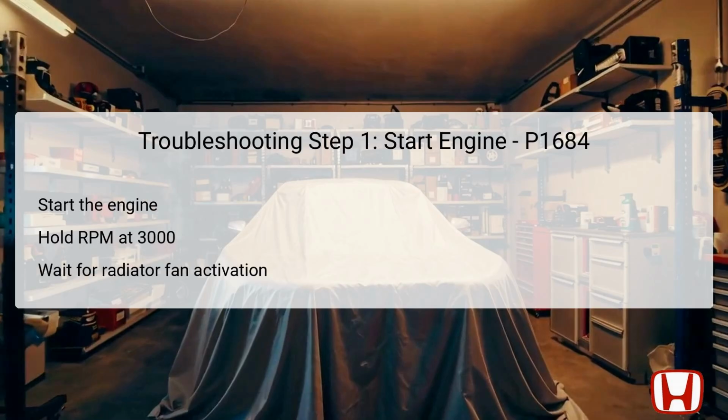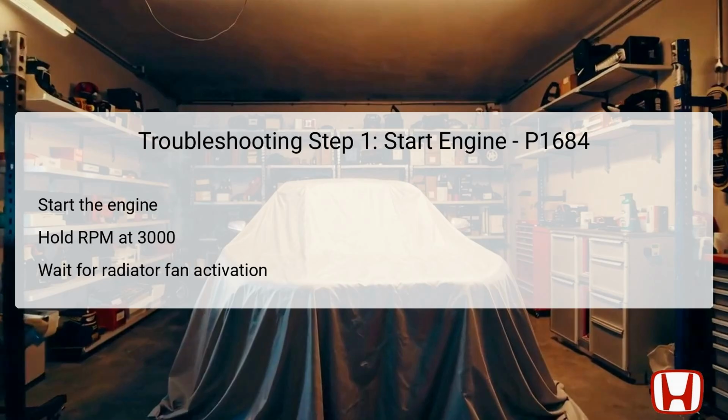The first step in troubleshooting the P1684 code involves starting the engine and maintaining a steady RPM of 3,000 without any load. This is typically done while the vehicle is in either park, P, or neutral, N, to ensure the engine is operating safely and at a higher RPM to promote optimal airflow.